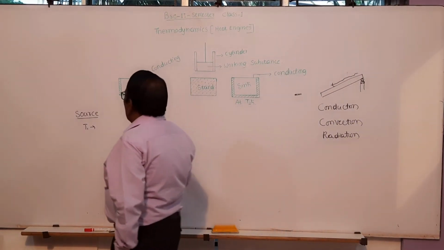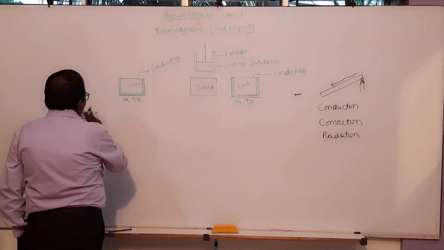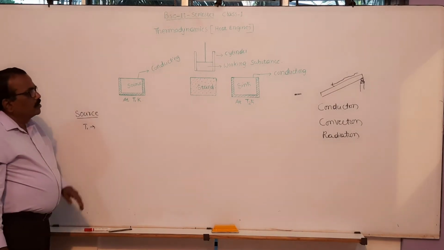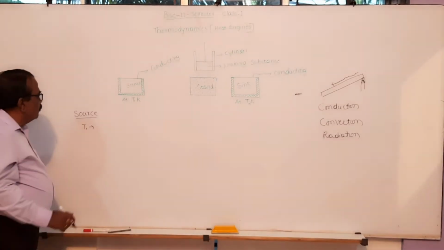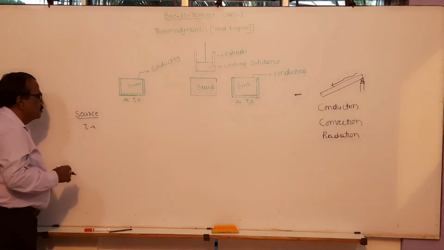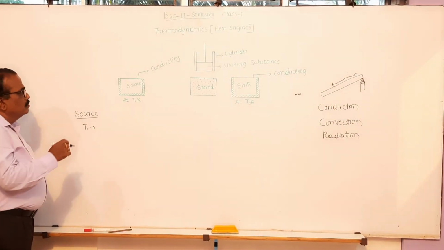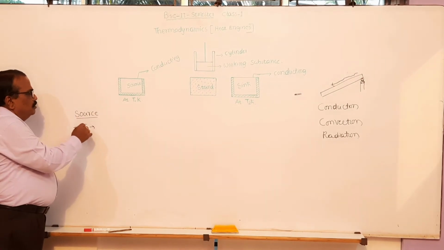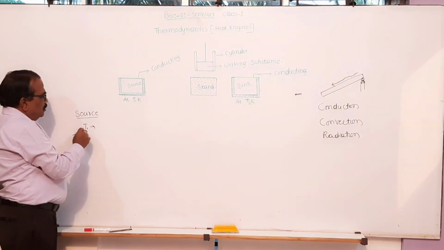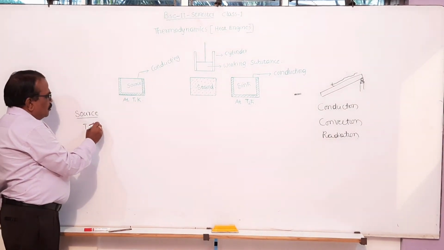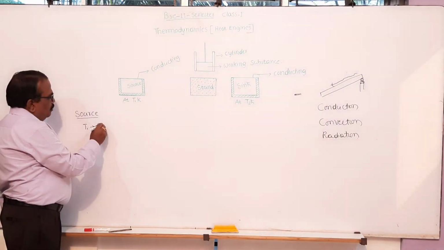So Carnot's imagined engine consists of 4 parts. One is the source. The source has a very high thermal capacity. It is maintained at constant temperature T1.